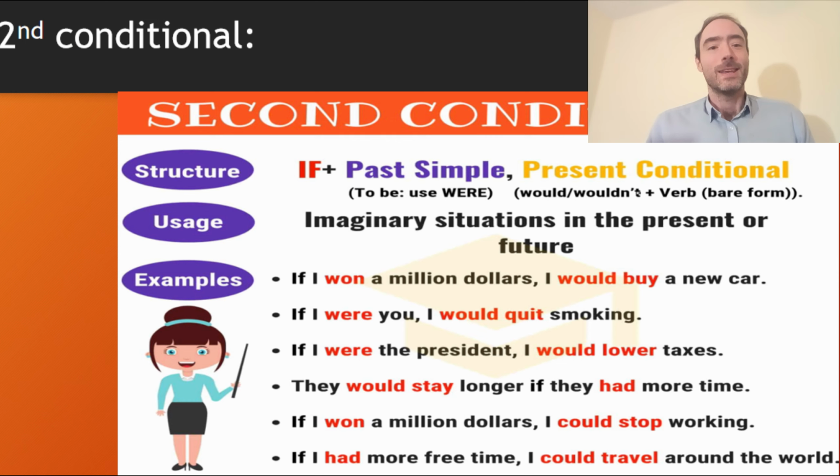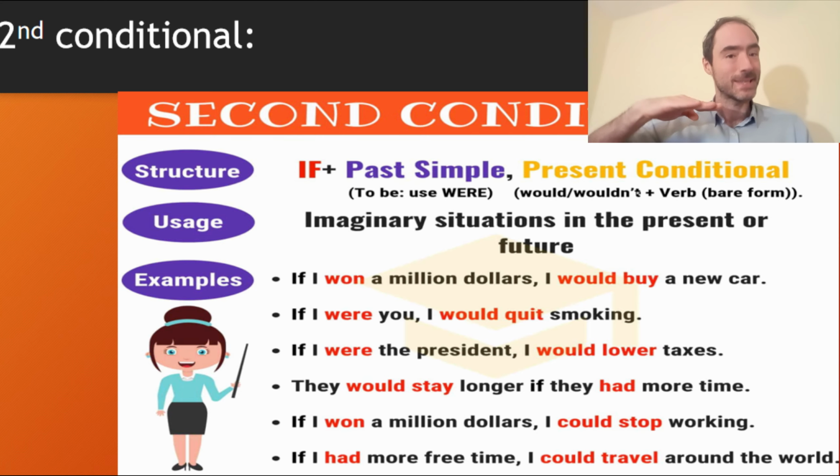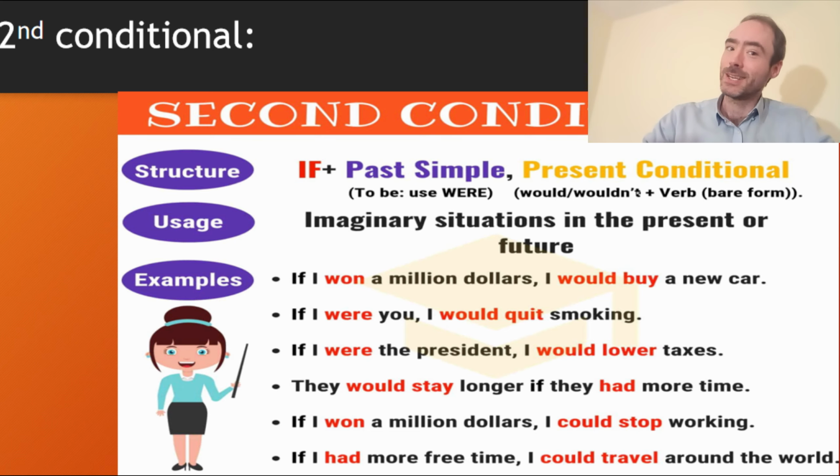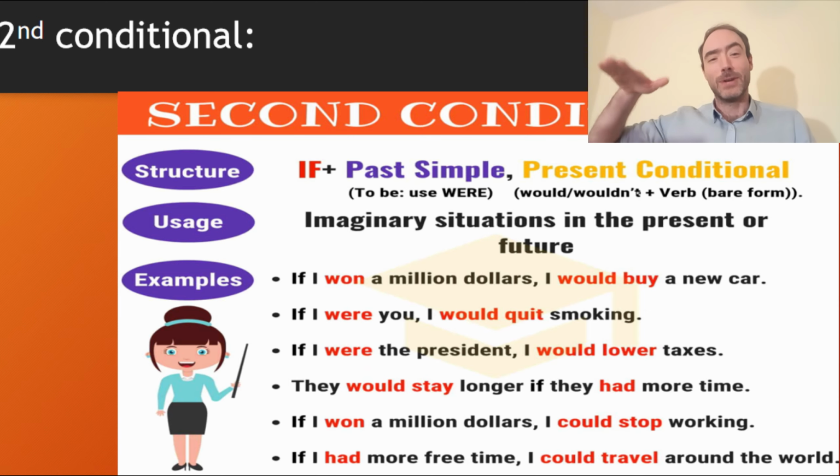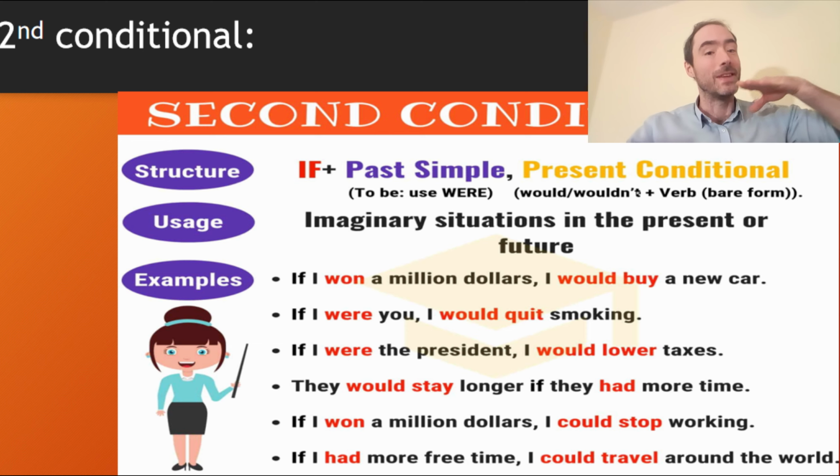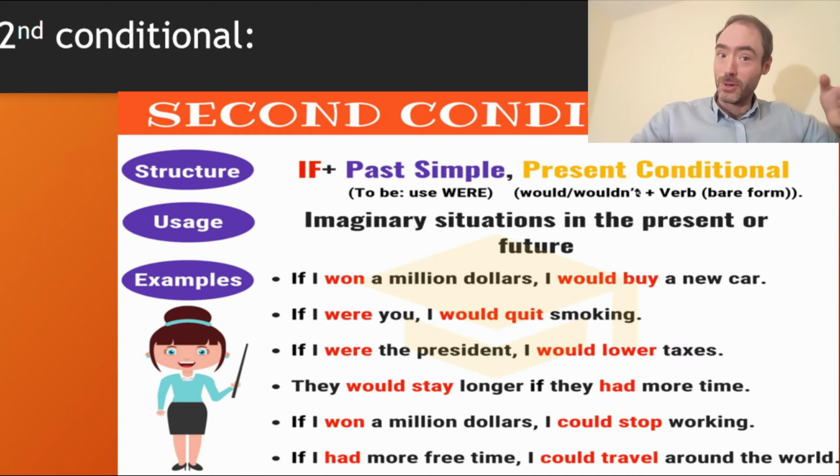I am a man. And to make a second conditional sentence, guys, the if clause uses the past tense. So it's if I went to Japan, I would eat sushi. So if I did something, and then the result clause is would plus the base verb. So I am not a woman, but if I were a woman, I would wear dresses, I guess.